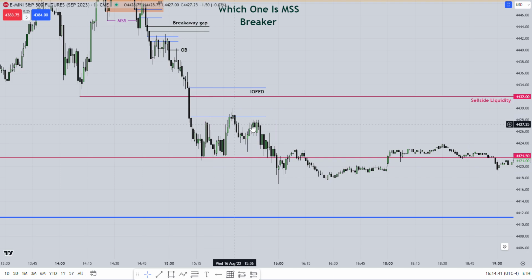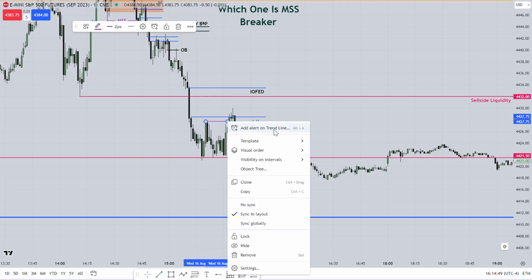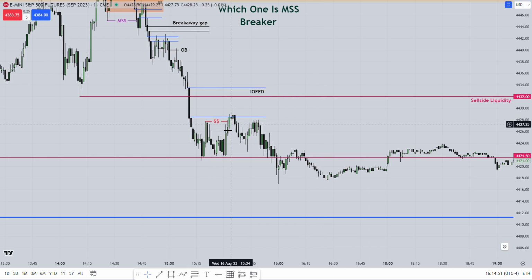So I will mark that as a liquidity. It actually took the liquidity. It's not shift in market structure. It has taken the liquidity, then come back. This low, you see, this low, when it is shifted, this is my market structure shift.